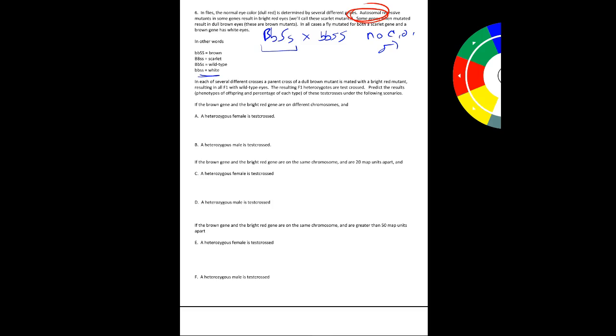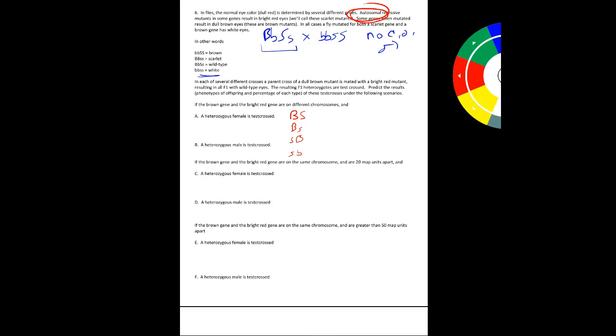All right. So in each of these several crosses, what's going on? Heterozygous female is test crossed. So if they're on different chromosomes, we're going to get big B, big S, big B, little s, big B, and little s, little b.